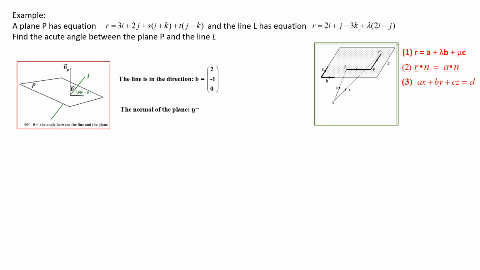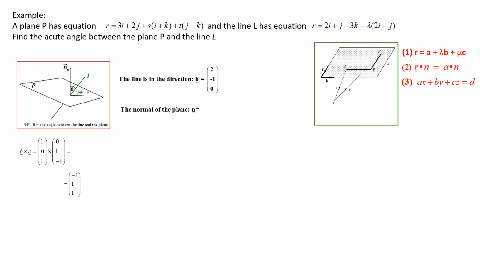The cross product of vectors B and C is perpendicular to B, perpendicular to C, and of course it is also normal to this plane. So now you need to carry out the cross product of B and C.